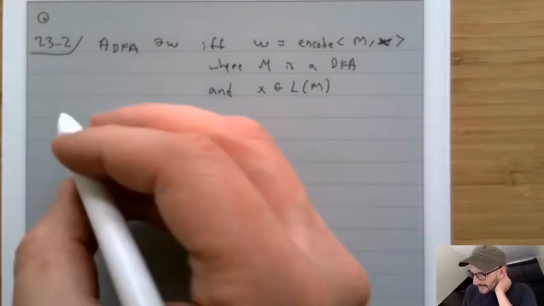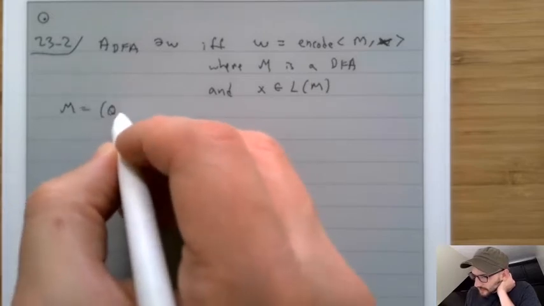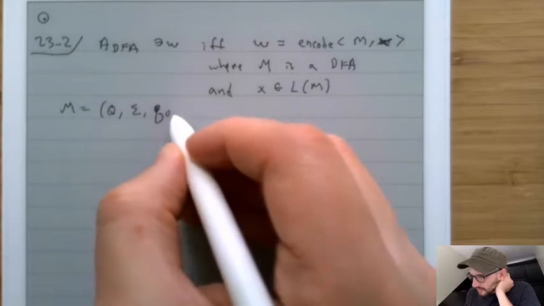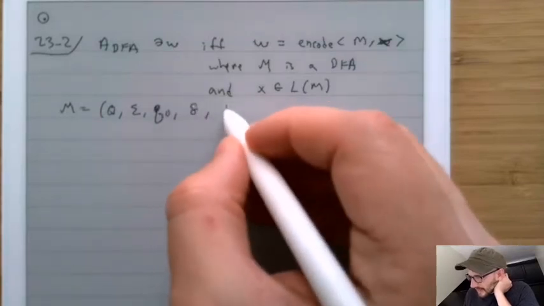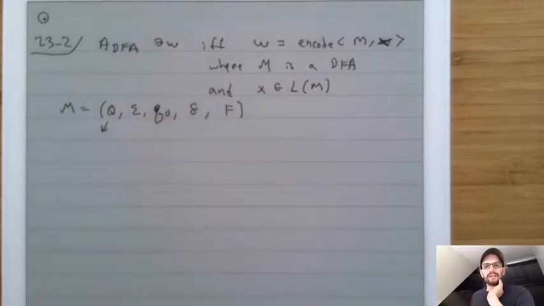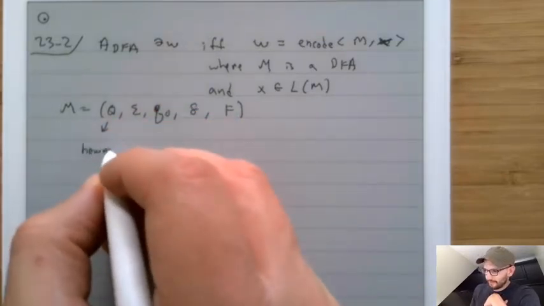So remember, a DFA is some Q, sigma, Q0, delta and F. Well, Q, you can really think of Q as just like a number. Even though we normally write them down with labels, you could really just say, well, all Q is how many states are there?